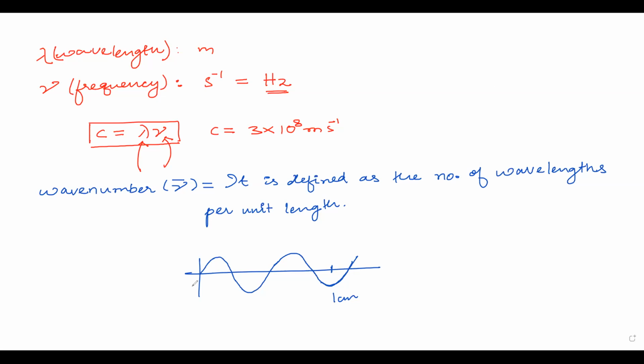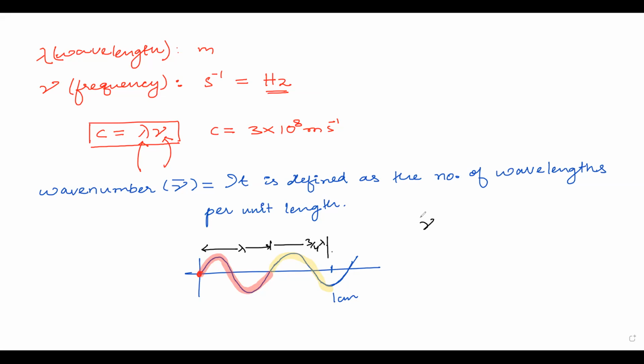If we start from this point, we will go till here, this is 1 lambda, because where we started, we are again at that point. Then we can say this is another lambda, but we are just reaching here. So this distance, the red one, this is 1 lambda. Now from here to here we have 3 by 4 lambdas, correct?